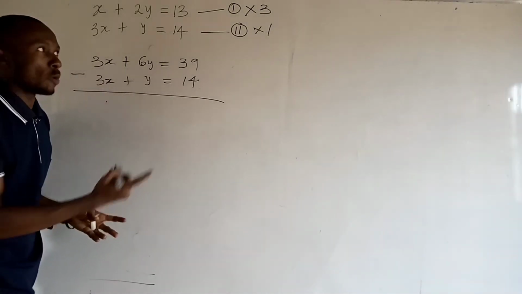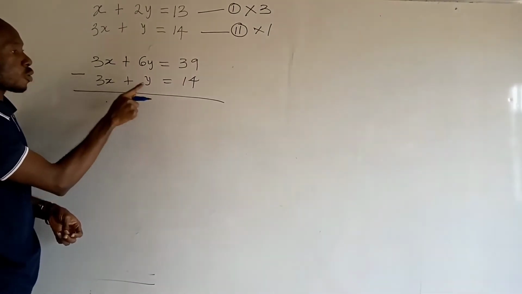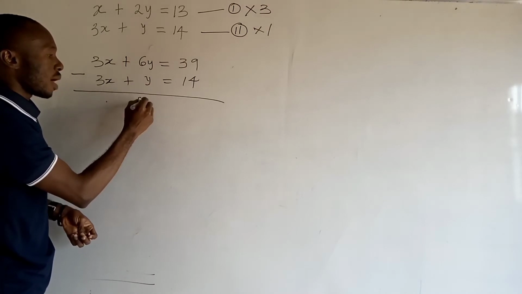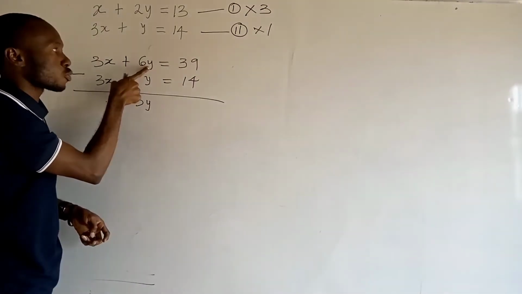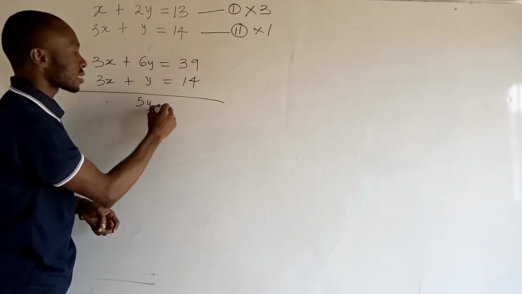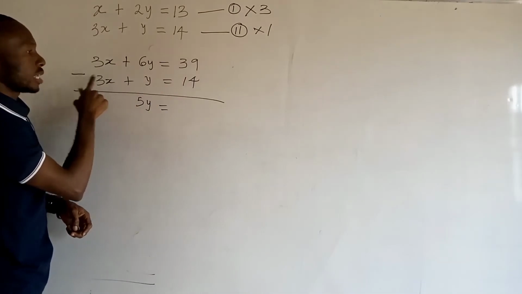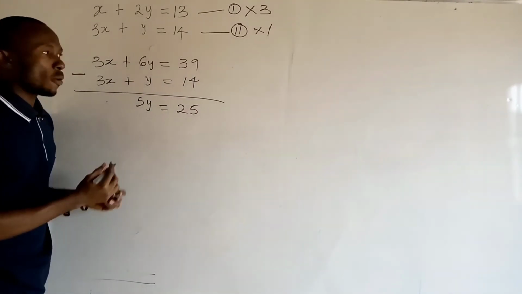And that's the essence of why we do what we do. Are we together? Now 6y minus y is going to be 5y. Of course, you know the quantity of y here is 1. So it's just like 6y minus 1y, which will give me 5y. Then lastly, we have 39 minus 14, which will give me 25. I hope this is clear so far.